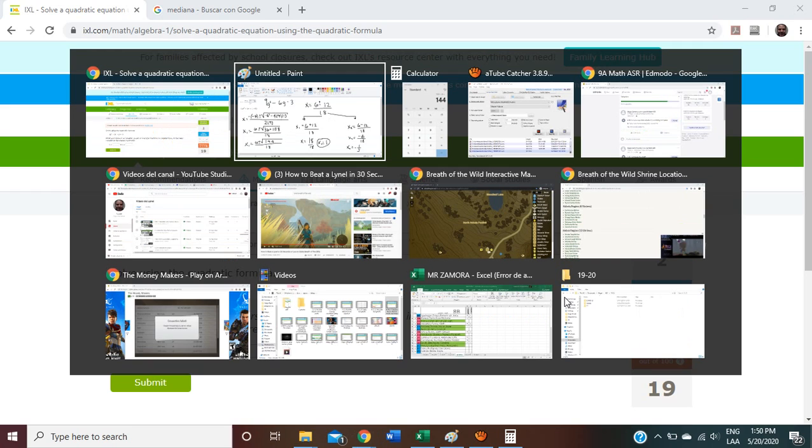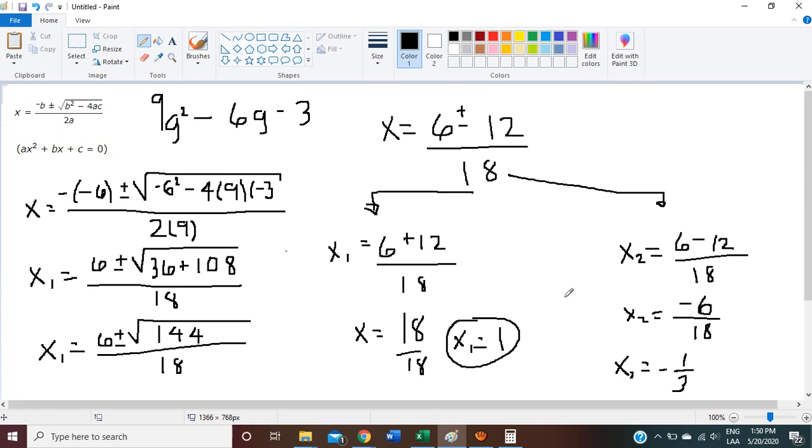When you are in this step right here, sometimes when you get the square root of this, you're going to get a decimal number. What happens if you get a decimal number? Leave it like that. Do not round it yet. Do the operation, because if you round here, the result is going to be a little bit different than the correct one.